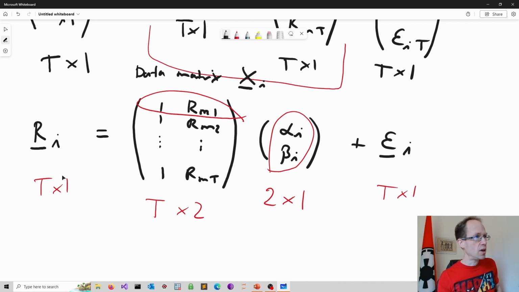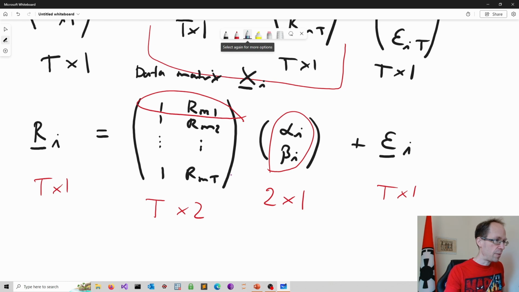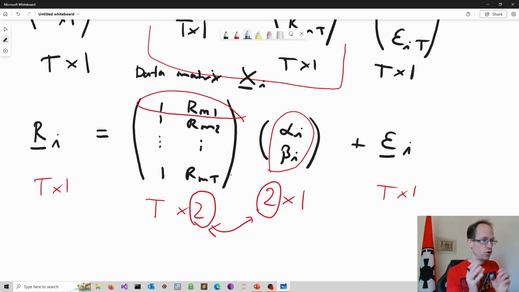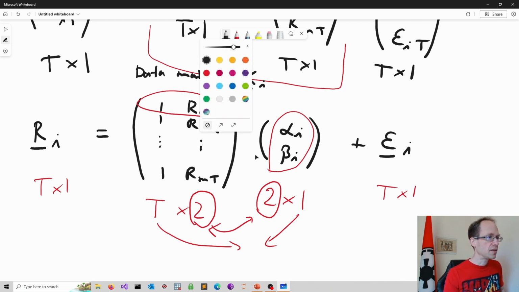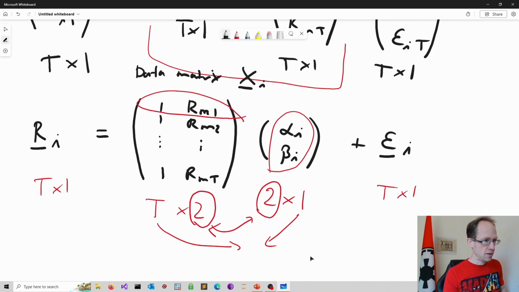So if you do a multiplication, you have to make sure that dimensions are matching. So this dimension here has to match with this dimension here. Yeah. So always look at these dimensions that are adjacent, make sure they match. And the resulting vector takes the 2 outer dimensions. Yeah. So you would take this one here and that one here, and you would end up with a dimension as intended of T times 1.